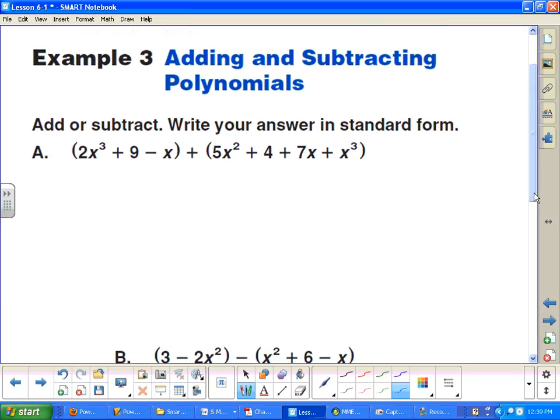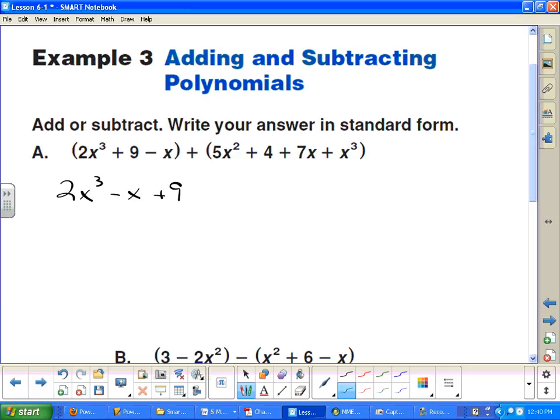First thing I like to do when I add polynomials is get them in standard form. Okay? So that I'm working highest to lowest. So here I'm going to make sure these are in standard form. 2x cubed minus x plus 9. Do I need that parenthesis still? No. What's in front of this parenthesis right here?